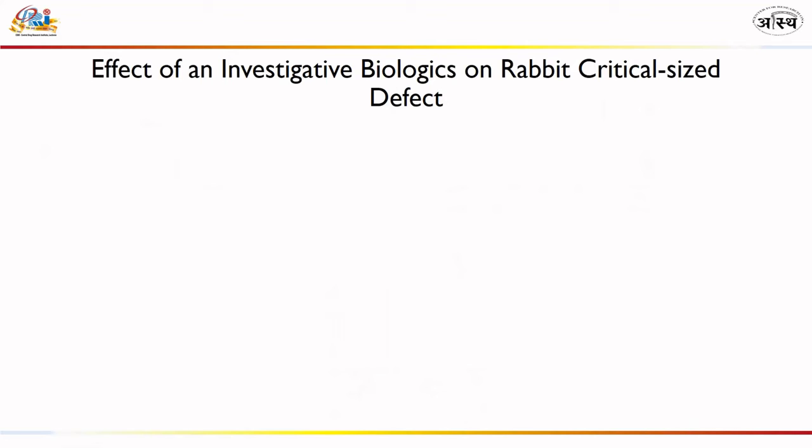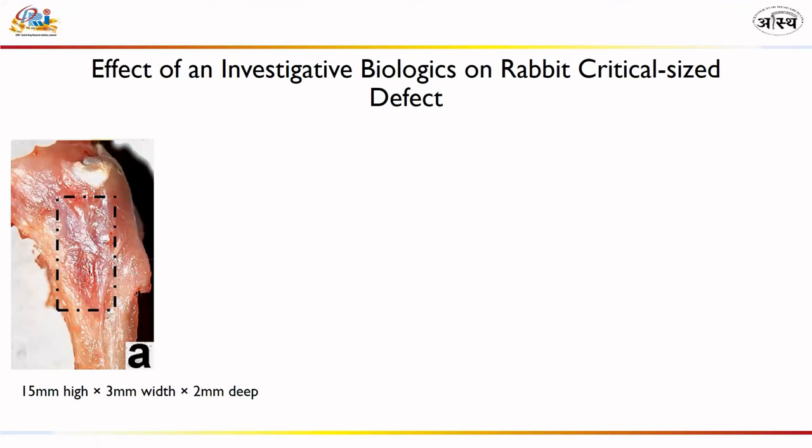Now, this is an example of rabbit critical size defect, which we also create in our center. Here we used a biologic, an investigative peptide. What we do with the rabbit critical size defect is that we take the tibia near the dorsomedial region.